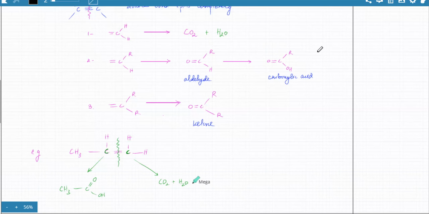There's only one way that an aldehyde could be formed, actually, which is if you somehow remove the compound from the mixture, like if an aldehyde is formed, you somehow get rid of the oxidizing agent. We'll talk about that later. Right now just think of it as forming a carboxylic acid. So is this clear? Yes.